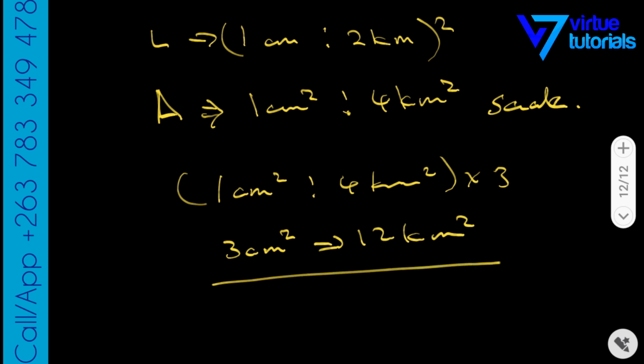So if 1 centimeter squared represents 4 kilometers squared, then 3 centimeters squared will represent 3 times that, which is 12 kilometers squared. So the number one thing to know here is that the scale you use when you're dealing with areas has to be adjusted. It's not the same scale as when you're dealing with lengths.